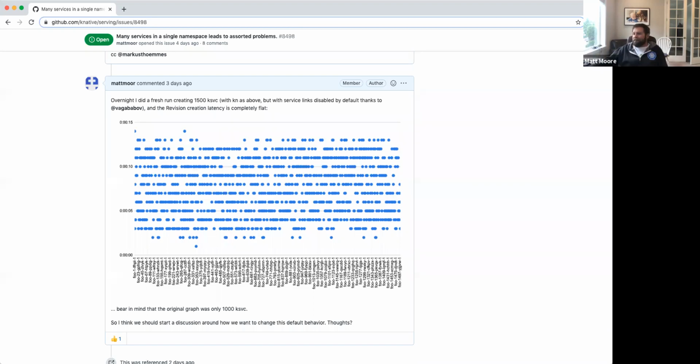But yeah, with 1500 and this thing disabled, it's pretty flat and evenly distributed over the range of startup latencies that we see. So based on this expected behavior, you could set up some sort of monitoring, because now that you don't have this linear slowdown with a cliff, you could set something like that.